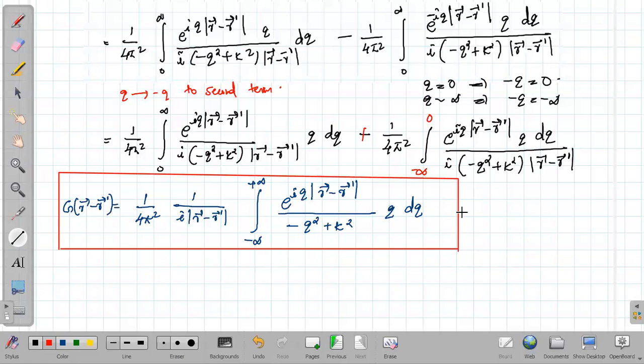Integration is going from minus infinity to plus infinity over dq. So at some point the denominator may become 0, when q is equal to plus or minus k. So there is a singularity in this integration. Okay, there exists a singularity.